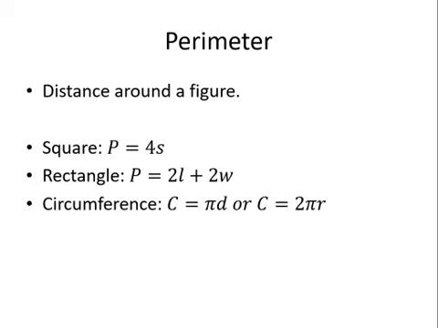Now, if you have a problem that says keep in terms of pi, what they're saying is that you do not multiply pi into it. So your answer will be like 7 pi, 12 pi, 114 pi. You just write the number with the symbol pi next to it.